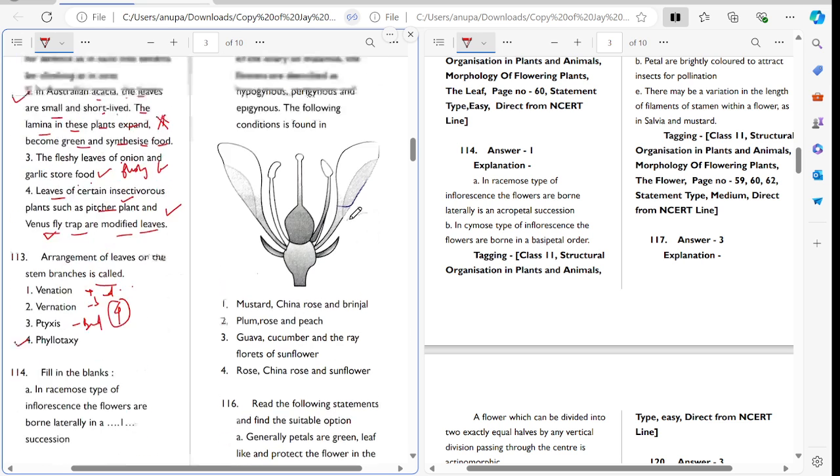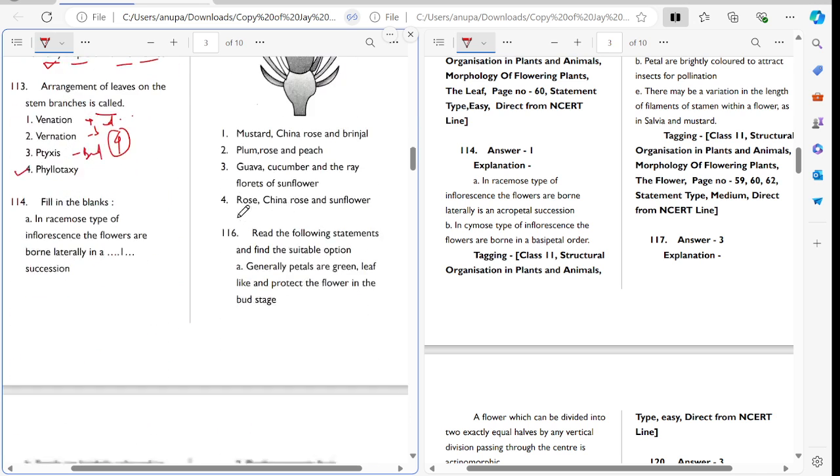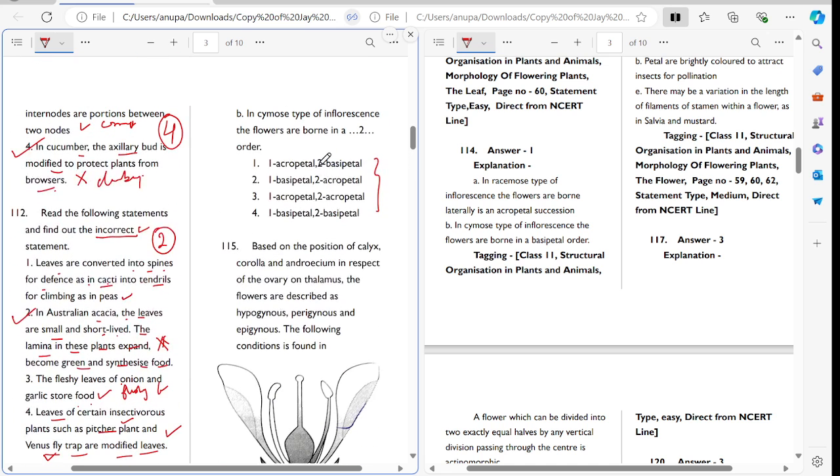And next, in cymose type of inflorescence, the flowers are borne in dash order. Here options are acropetal, basipetal, basipetal, acropetal. So these are types of succession which are given and we have to find out what type of succession is found in racemose type of inflorescence and in cymose type of inflorescence.